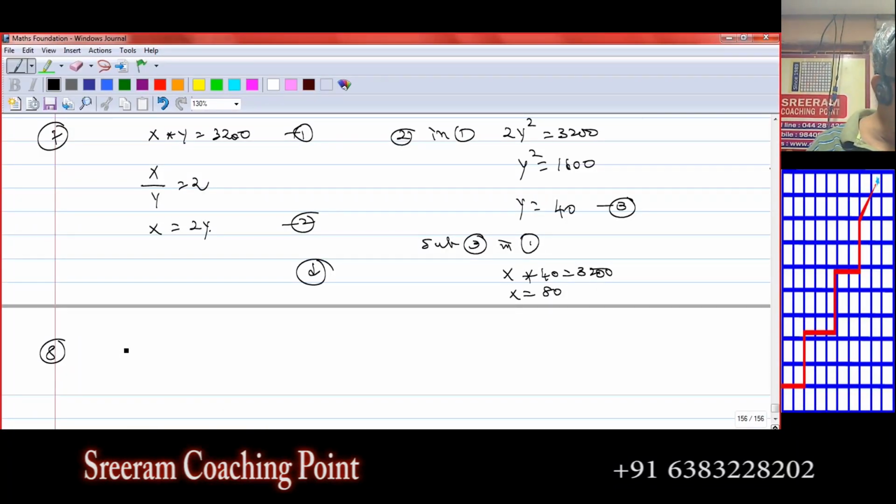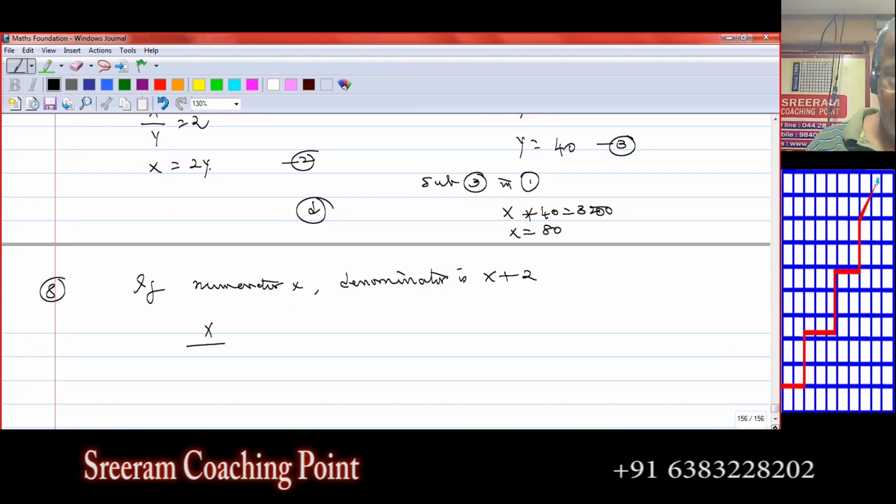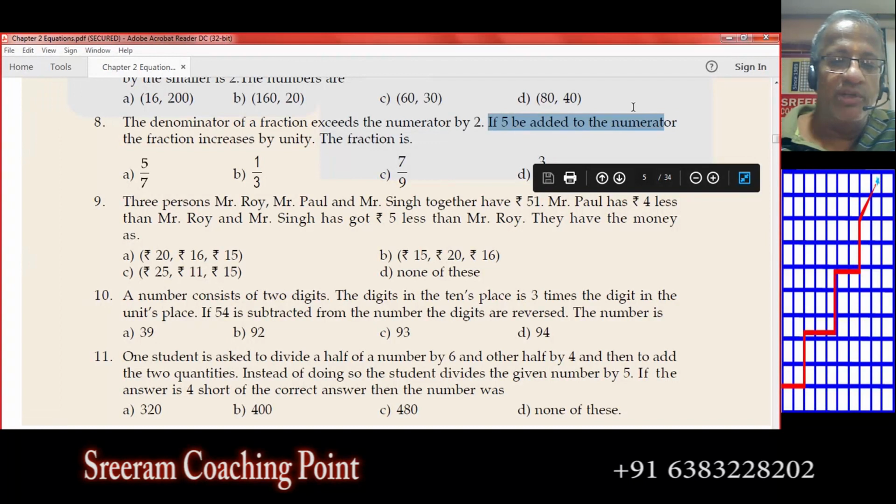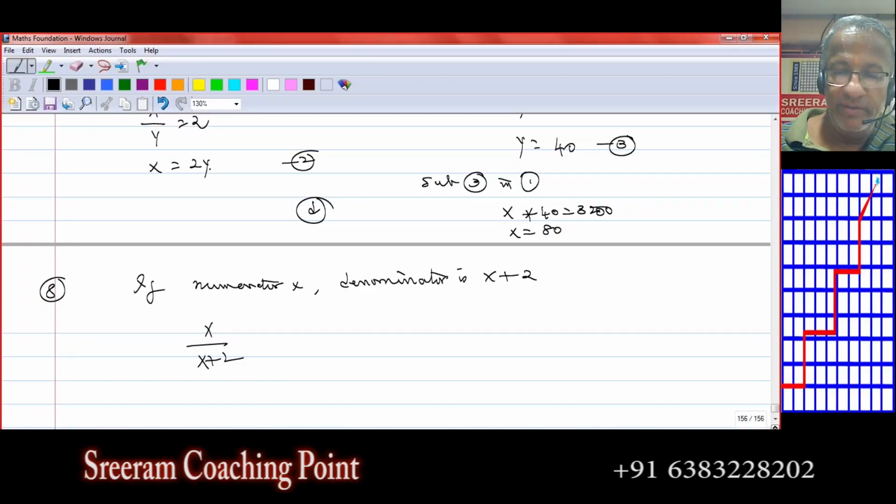Item number 8. If numerator is x, denominator is x plus 2, so x divided by x plus 2. If 5 is added to the numerator, the fraction increases by unity.